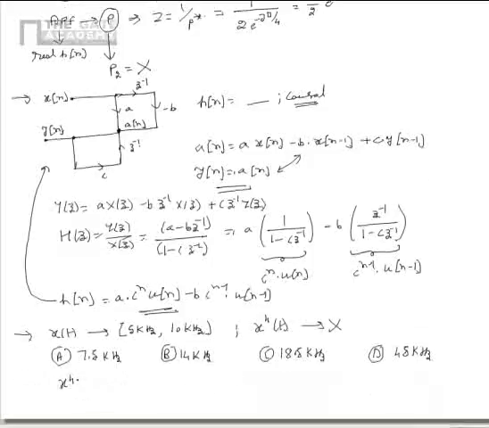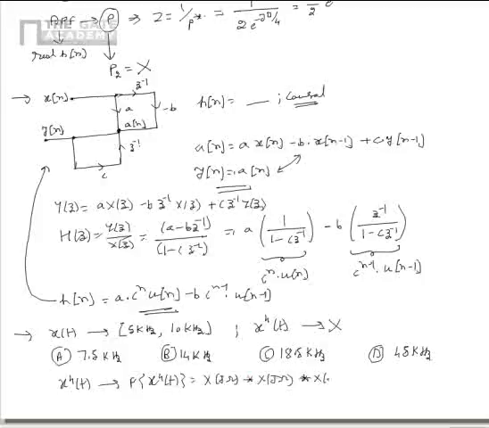We know that x power 4 of t in the frequency domain can be written as the Fourier transform of x power 4 of t is equal to X of j omega convolved with X of j omega convolved with X of j omega convolved with X of j omega.